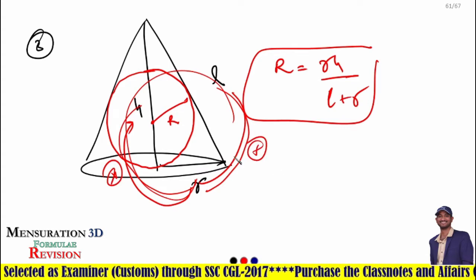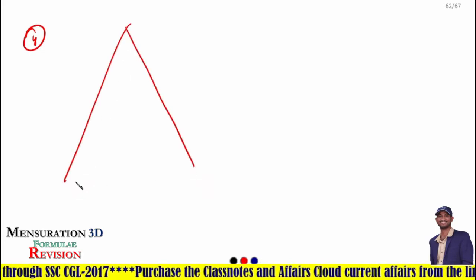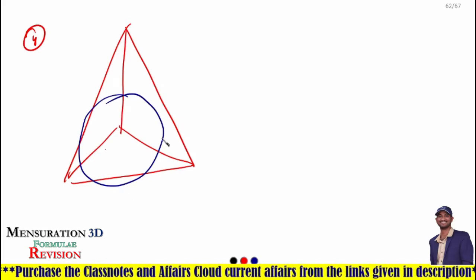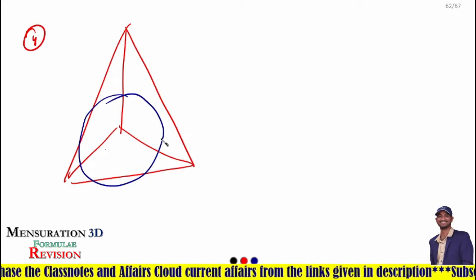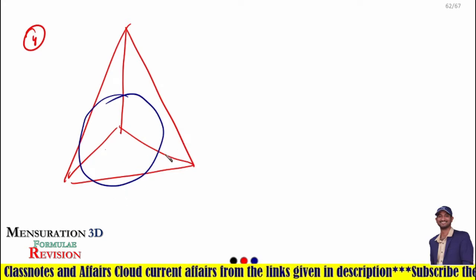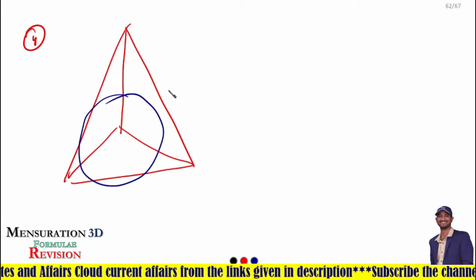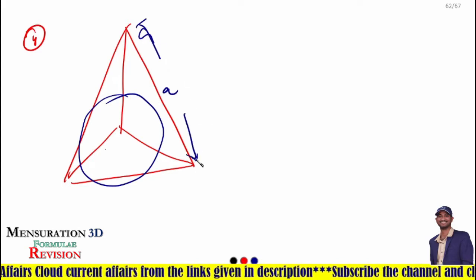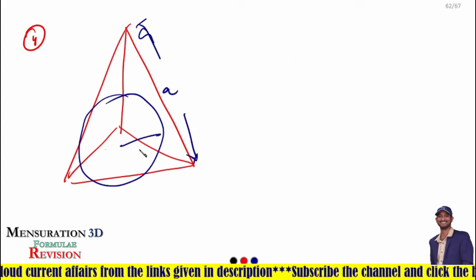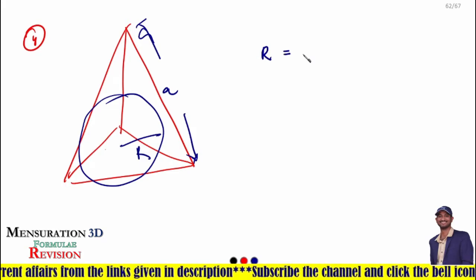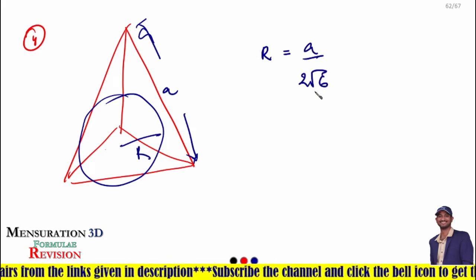Okay. Next, fourth. A sphere inscribed in a regular tetrahedron. There is a tetrahedron. In this, a sphere of maximum volume is inscribed. Tetrahedron means all the edges are equal. If each edge is small a, then the radius of the sphere, capital R, equals a by 2 root 6.